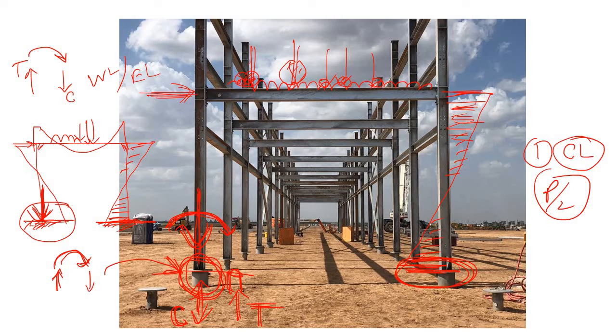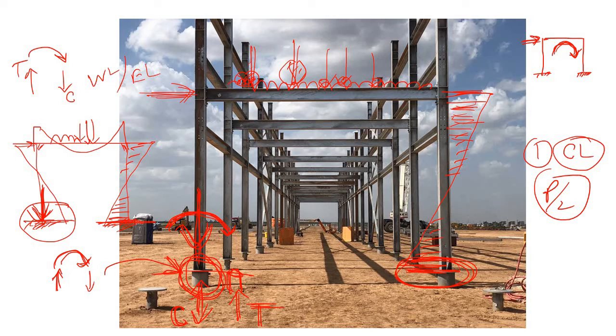So how is this bending moment going to be transferred? Well, in this case, the whole bending moment is actually acting here like this. If this is the lateral load, the bending moment is actually acting as a whole throughout this structure.